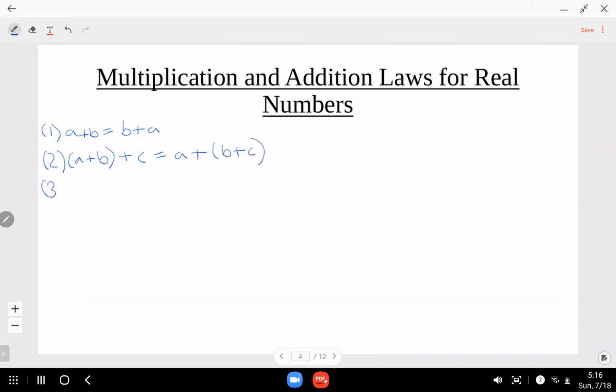Number 3 is a plus 0 equals 0 plus a, which equals a. And that's just kind of common sense.